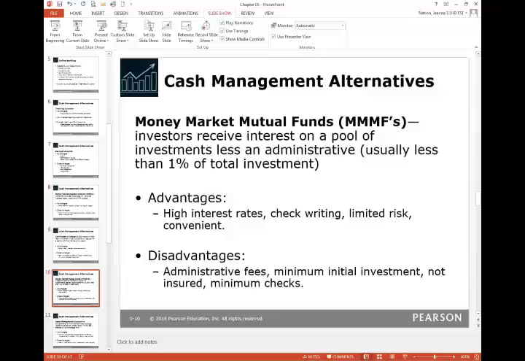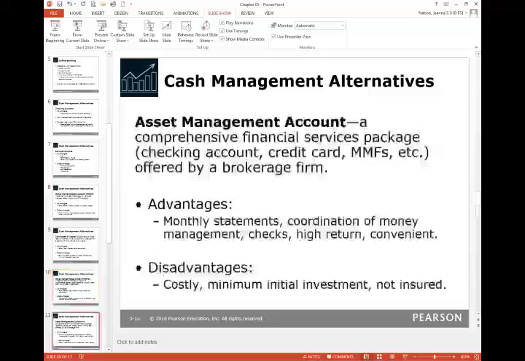The advantages of that are much higher interest rates than the alternatives, and it can have limited check writing privileges. These are not insured, so that can be a downside. They can have some fees associated with them, and they do have minimum investment requirements, and that minimum would depend on the investment firm you're working with.